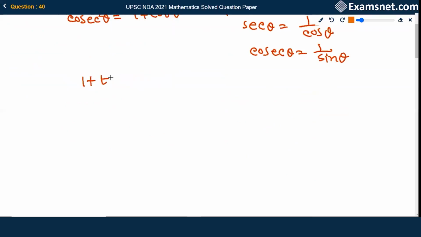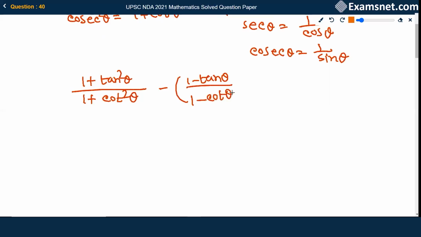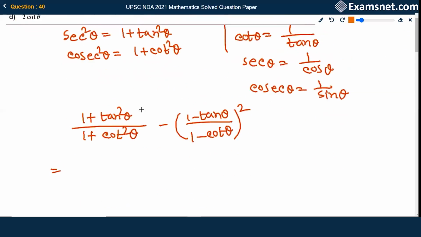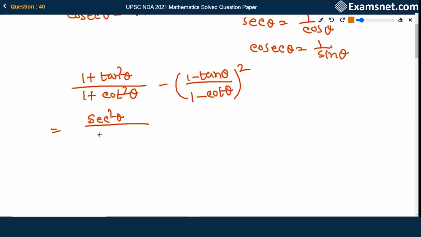So (1 + tan squared theta) by (1 + cot squared theta) minus ((1 - tan theta) by (1 - cot theta)) whole squared. Here 1 plus tan squared theta, we can write as sec squared theta. Also 1 plus cot squared theta, we can write as cosec squared theta.